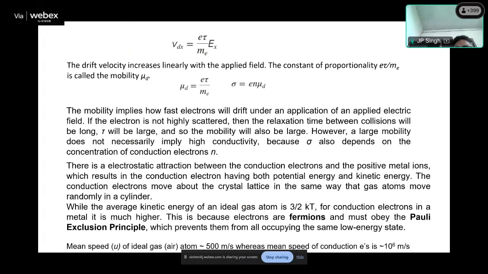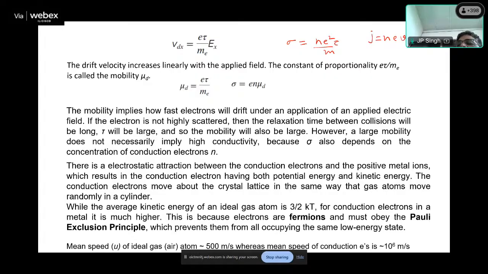So now we just learned that sigma is n e squared tau by m, and we learned that J is n e v_d, and that this is also sigma times E, where E is the electric field, in that direction.